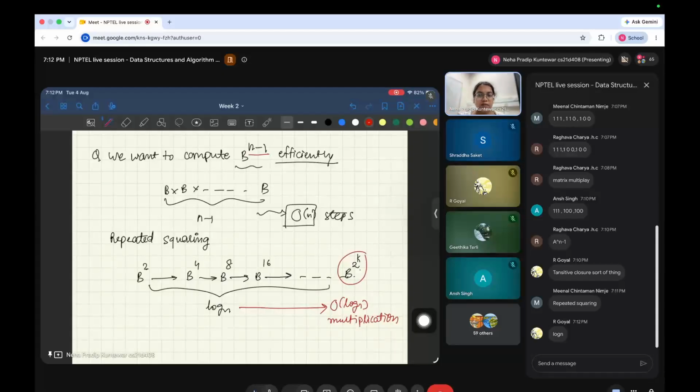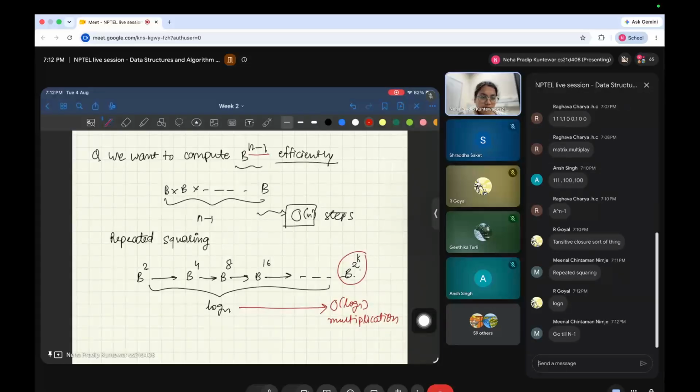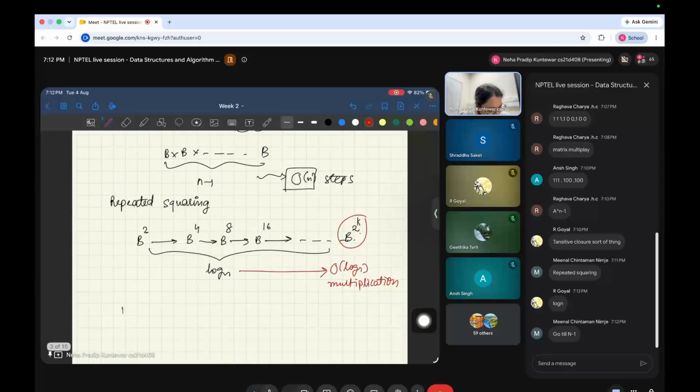But what if n minus 1 is not a power of 2? That can also happen, right? So what is the trick that we used earlier? Yeah, so the point is, if n minus 1 is a power of 2, then we are done.